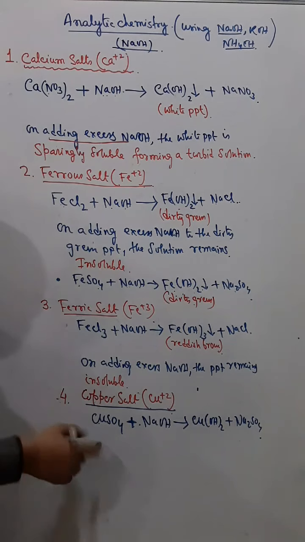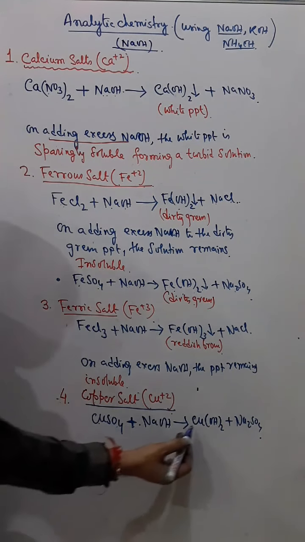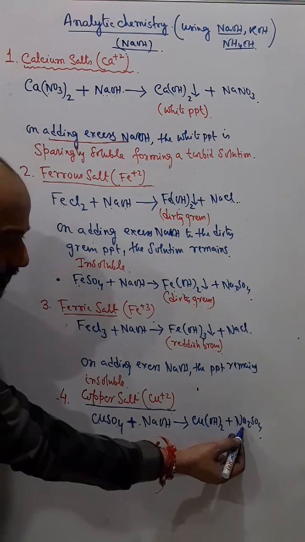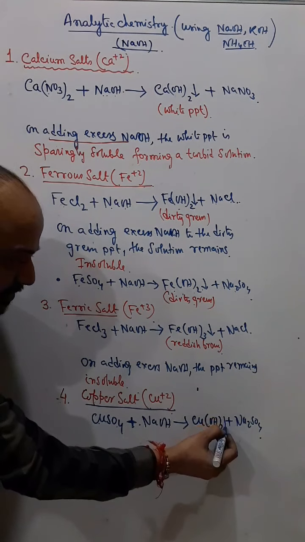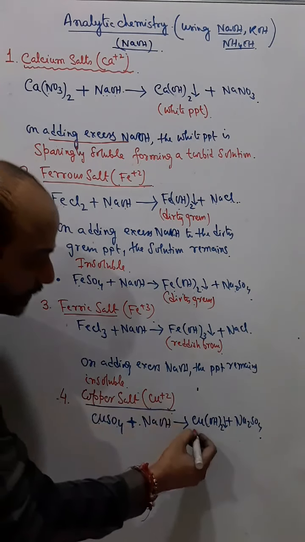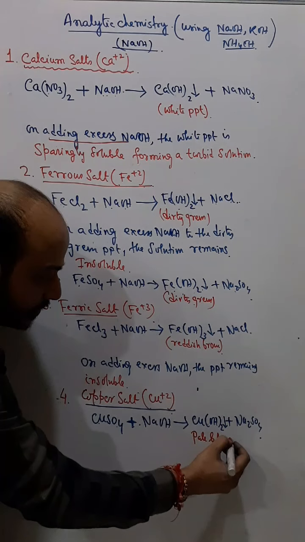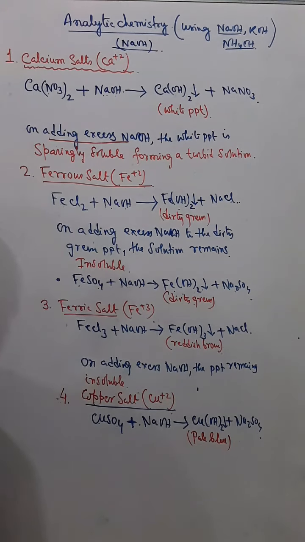Instead of copper sulfate, if you take copper nitrate, then also you will get Cu(OH) whole twice, but here you will get NaNO3. The precipitate you get is copper hydroxide, and the color of copper hydroxide is a pale blue precipitate.